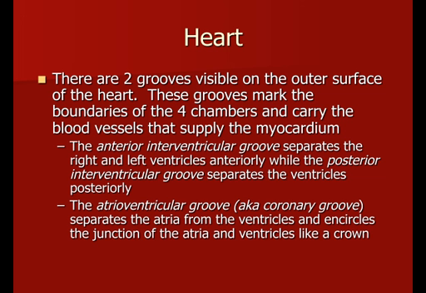2 grooves visible on the outer surface of the heart. The grooves mark the boundaries of the 4 chambers and carry the blood vessels that supply the myocardium. Anterior interventricular groove separates the right and left ventricles. Obviously, it says interventricular. And the posterior does that posteriorly. The atrioventricular groove, also known as the coronary groove, separates the atrium from the ventricles and encircles the junction of the atrium and ventricles like a crown.